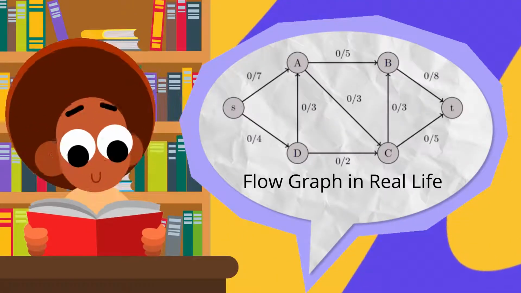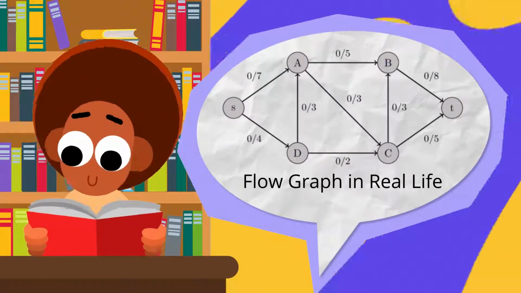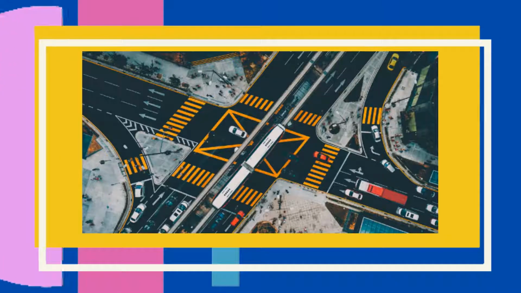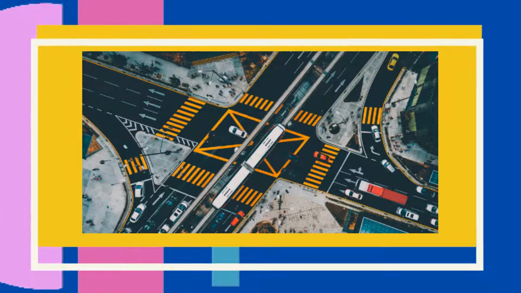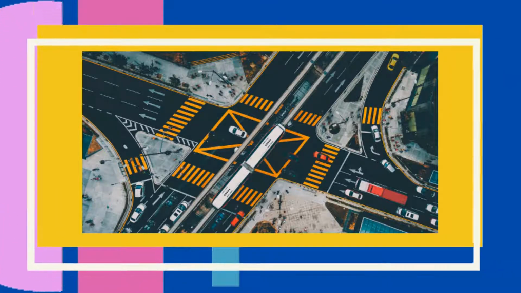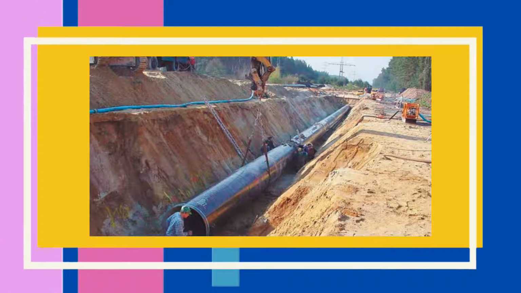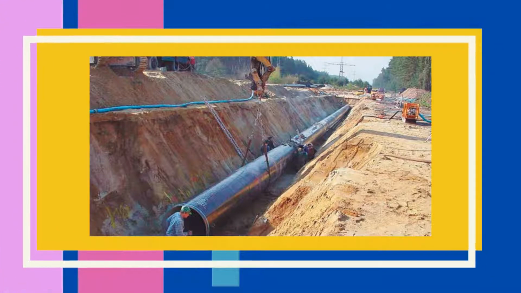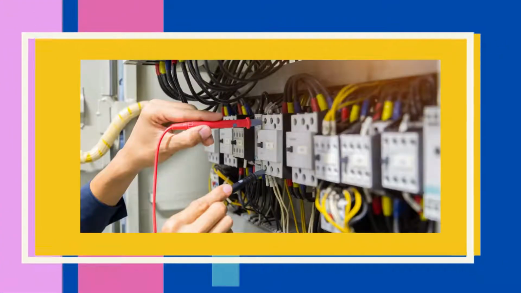The flow graph and maximum flow can be seen in many different situations, and the flow graph can represent these situations. A few examples can be that the edges are roads with cars, wherein the maximum flow would represent the number of cars the road could sustain in traffic, or underground piping with water, wherein the maximum flow would represent the volume of water that is flowing within the pipes, or even wires with electrical currents passing through, wherein the maximum flow would represent the net electric current that the system can sustain.